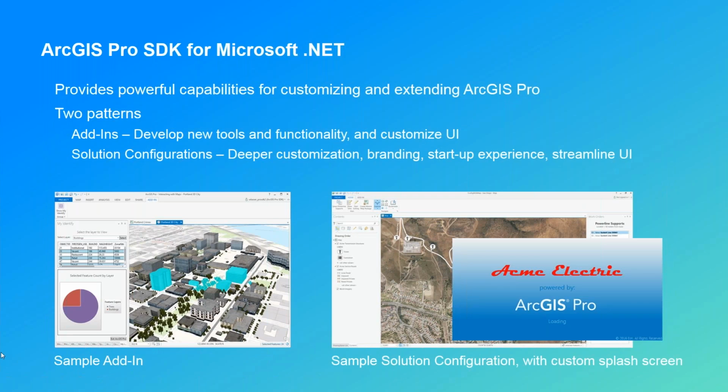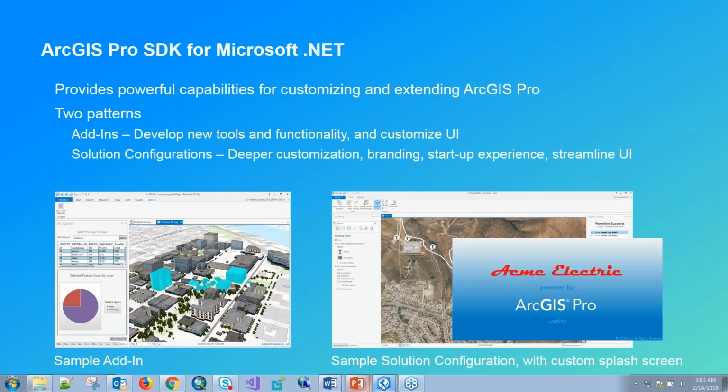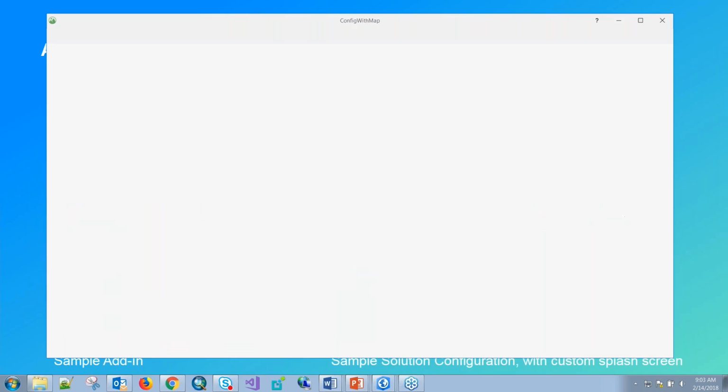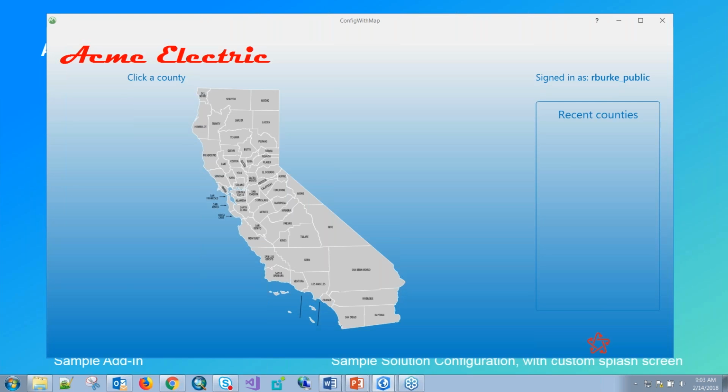If we go a step further, building a solution configuration is a little bit more than just extending. It's creating the startup experience. Like here, as I start up Pro, the splash screen is different. And as Pro gets going, the startup page, instead of selecting a project from a list, there's a nice map that somebody has created.